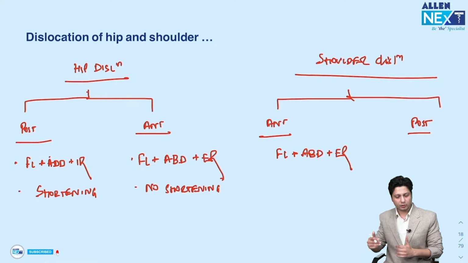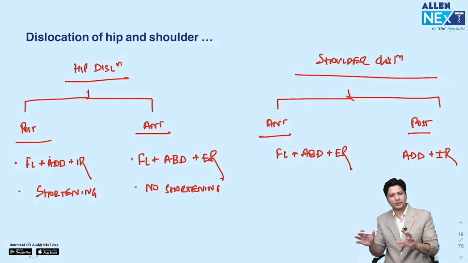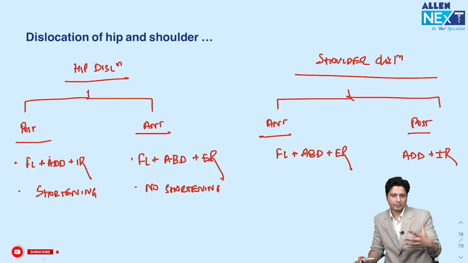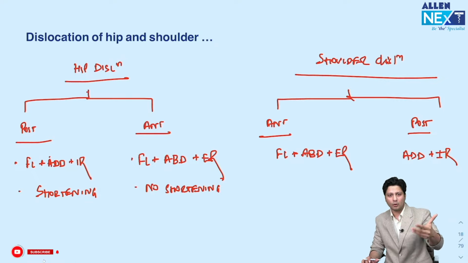While for the posterior dislocation of the shoulder, the arm or the shoulder is in adduction and internal rotation. So these are basic differences on the basis of which the examiner is asking the question again and again, and you have to identify it. Simple as that. In details we have already talked about it, but this is something which you cannot leave and go. आपको ये पढ़ना होगा.